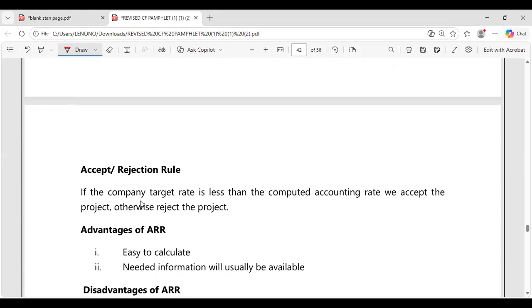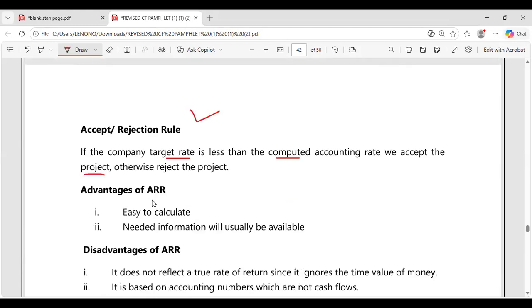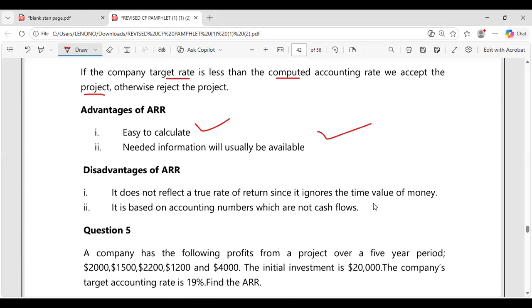The acceptance criteria: if the company target rate is less than the computed accounting rate, we accept the project, otherwise we reject it. Advantages of accounting rate of return: it is easy to calculate and the needed information will usually be available. Disadvantages: it does not reflect the true rate of return since it ignores the time value of money, and it is based on accounting numbers.